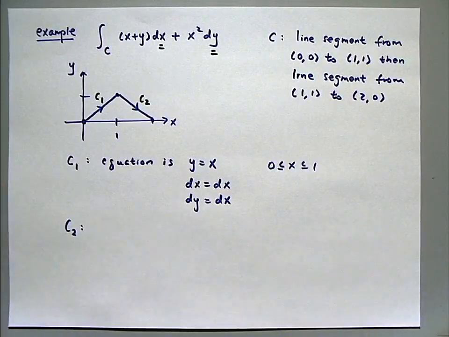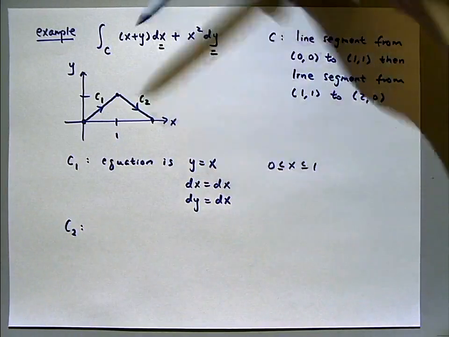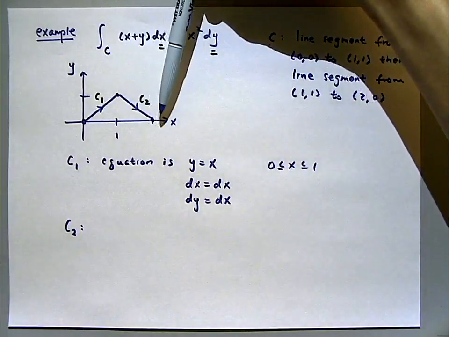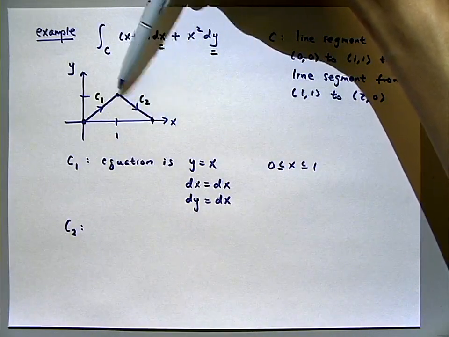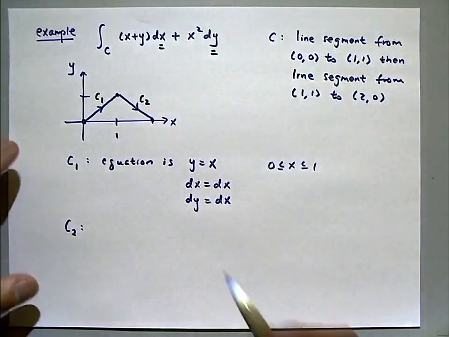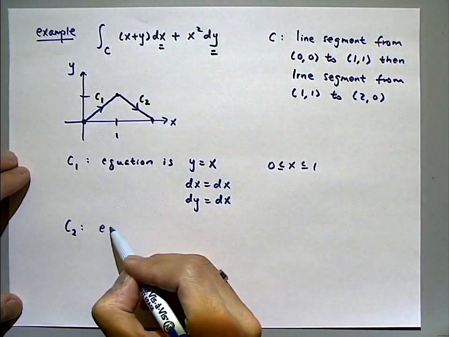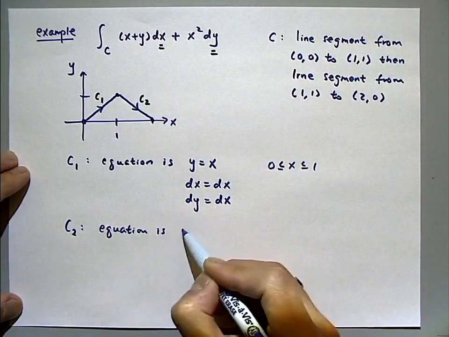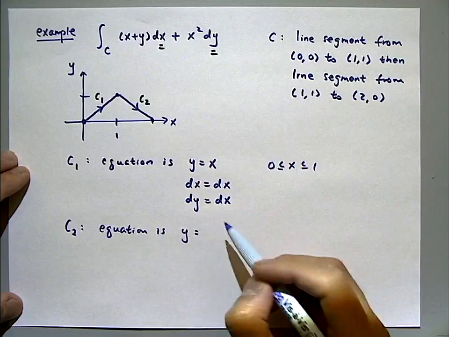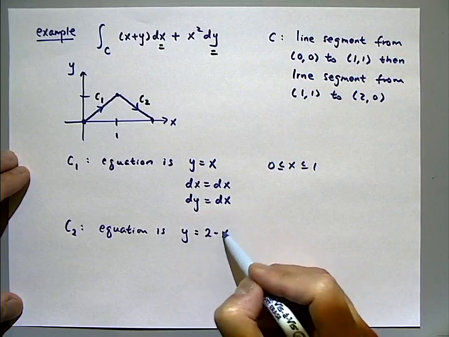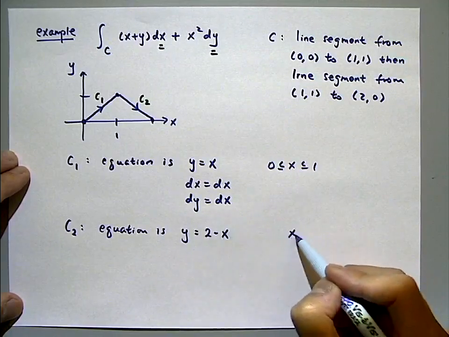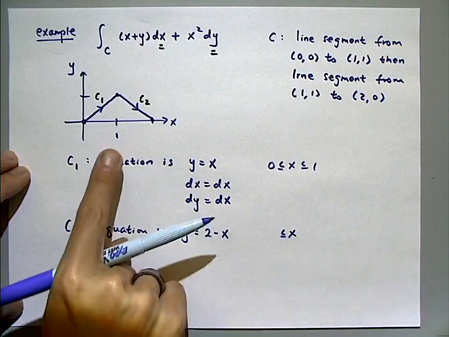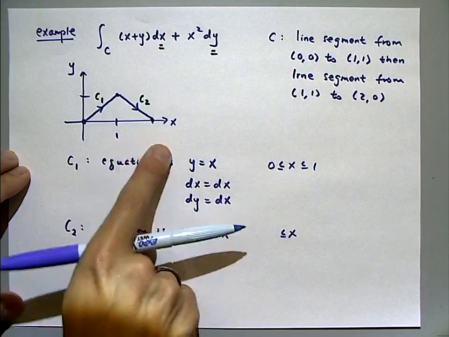Let's look at C2. C2 is going from (1, 1) to (2, 0). Writing the equation of that line is pretty easy. y turns out to be 2 minus x, and x is going from 1 to 2.